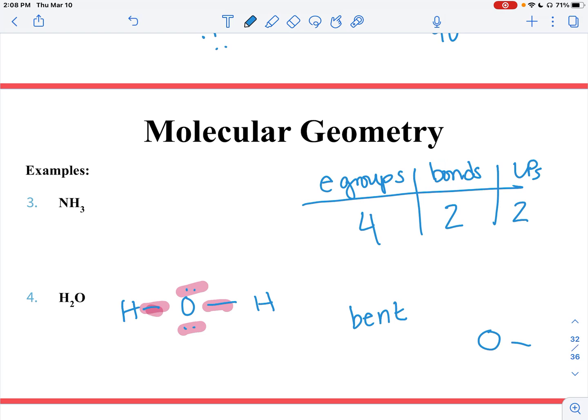You would see water written like this. And that is because there are 2 lone pairs at the top pushing down those bonds. Because remember, bonds are made up of electrons. Lone pairs are made up of electrons. So they're all repelling each other as much as possible. And so what happens is you get this bent shape. That bent shape for water is very, very important for something we're going to do later in this unit, because it does determine a lot of how our world operates, that bent shape.